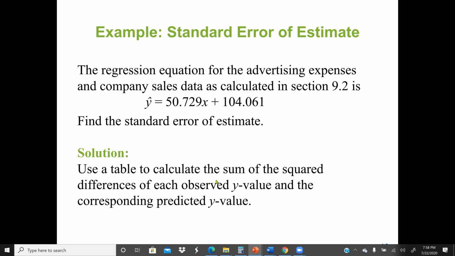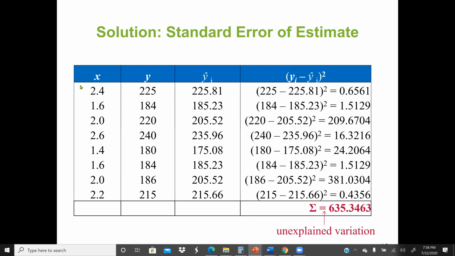So use the table to calculate the sum of squared differences of each observed y value and the corresponding predicted value. So we have 1, 2, 3, 4, 5, 6, 7, 8 here. These are the values given to us, X and Y. There are 8 values, 8 pairs. Each pair is the expenses for advertisement and the company sales. So we use the regression line, the equation that we generated by finding the slope and the y-intercept.